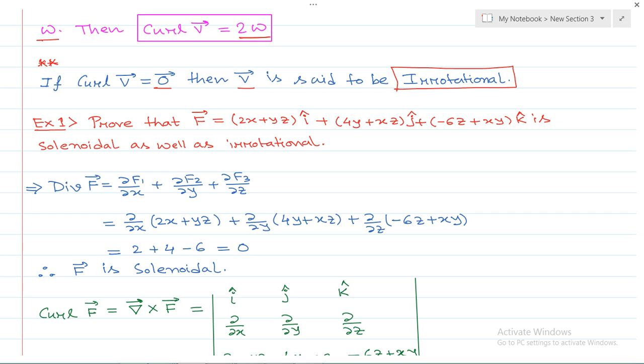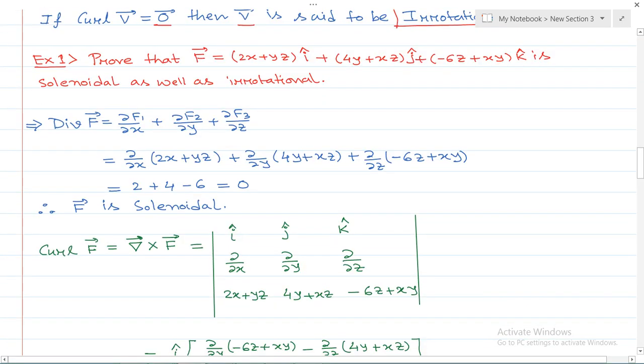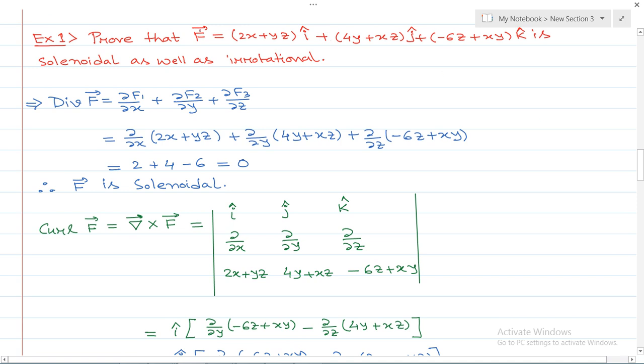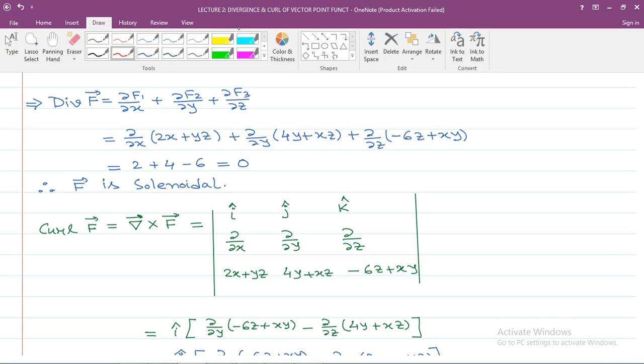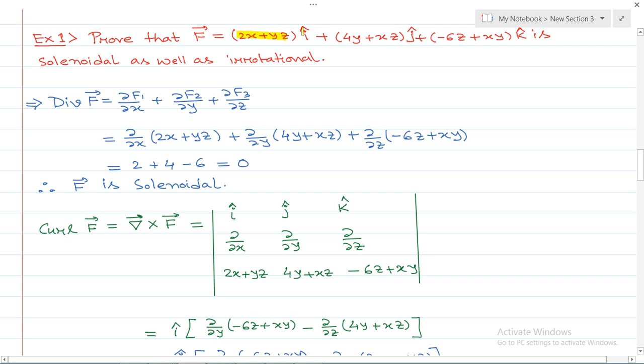Now let us come to some solutions of problems. The first problem says we have to prove that the function f vector equals (2x plus yz) i cap, (4y plus xz) j cap, (minus 6z plus xy) k cap is solenoidal as well as irrotational. To prove it is solenoidal, we have to find the divergence of f vector. Divergence of f vector is del x of f1, del y of f2, del z of f3.